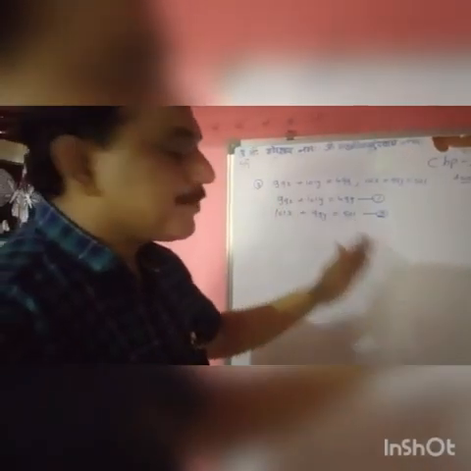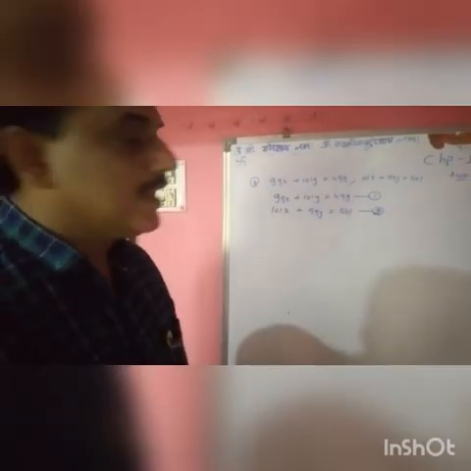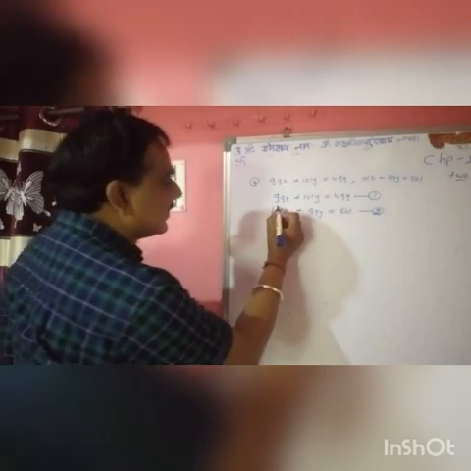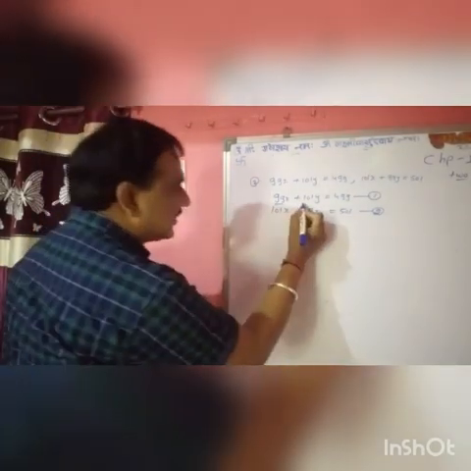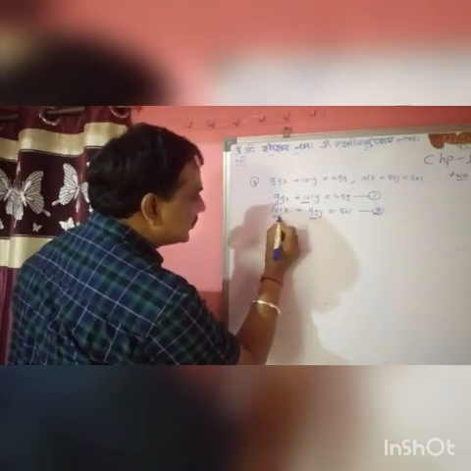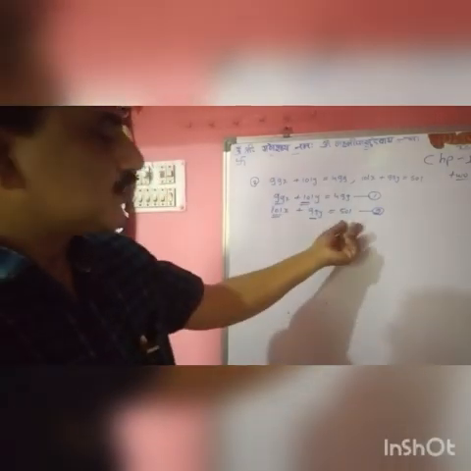In this type of simultaneous equation, observe the equation very carefully. What we observe here is the cross: this 99 and this 99, and this 101 and this 101. In the cross the numbers are the same. Leave the constant term.